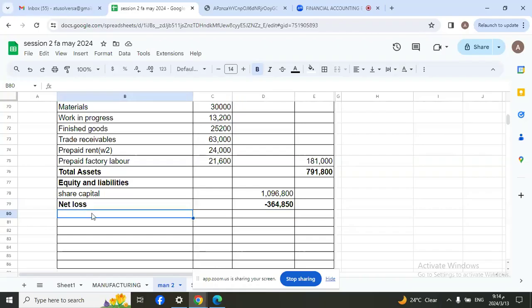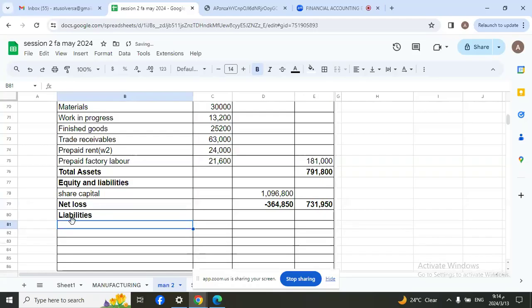So from there, if we don't have anything, we just add these two and we take it to this side. So far I have that. We come to our liabilities.